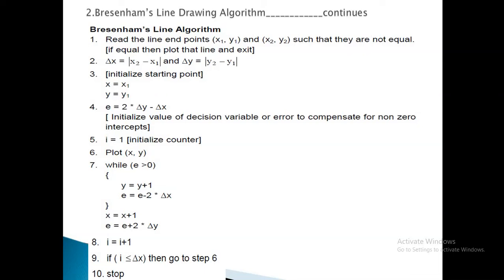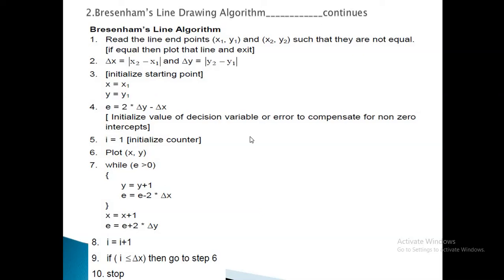Before that, we first find the endpoints of our line, that is the x and y coordinates x1, y1 and x2, y2. Then find E equal to 2 into delta y minus delta x, where E is the decision parameter or decision variable.